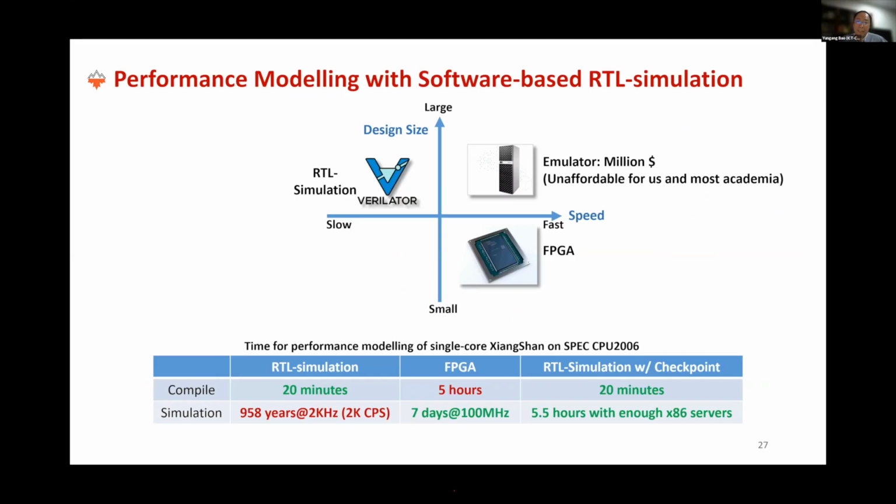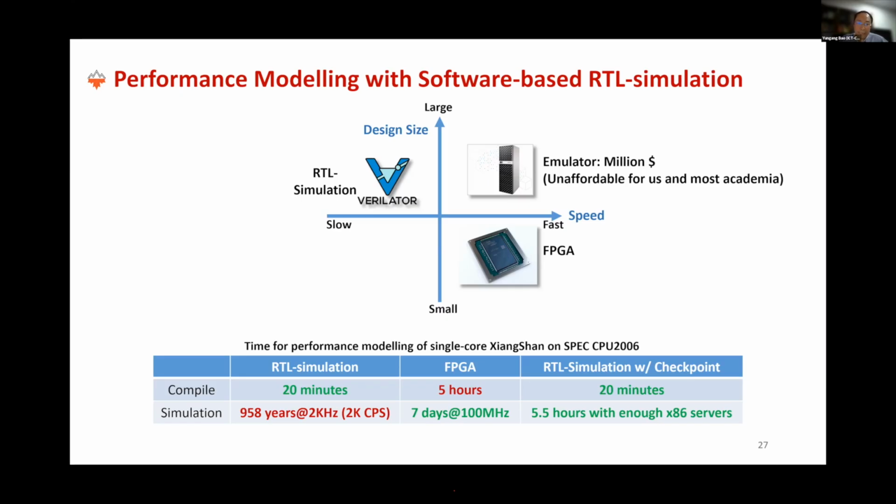Usually there are different ways to do performance modeling. For example, we can use emulators, but that is very expensive, usually millions of dollars. We can also use FPGA, which is faster, but scalability is an issue, and it is not able to emulate a very large-scale processor design.